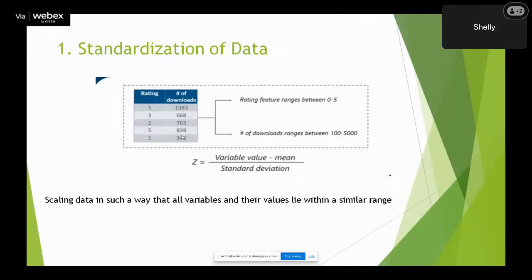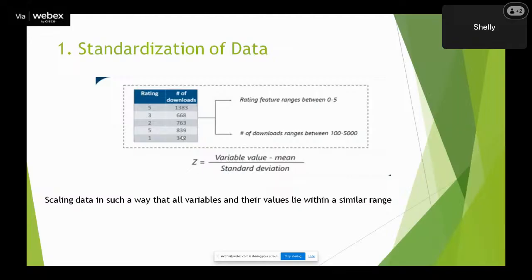So instead of dealing with this huge range, the idea is to scale all the variables in such a way that they lie within a similar range, right? The main idea of standardizing the data is to scale the data in such a way that all the variables and their values lie within a similar range.